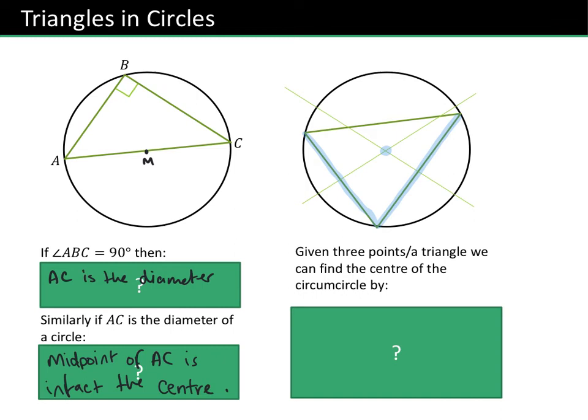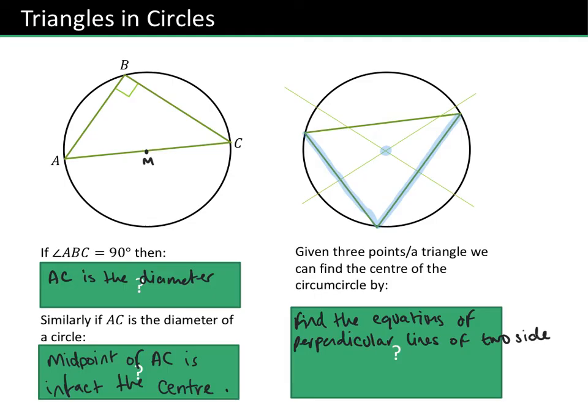Okay, so we need to find the equations of the perpendicular lines of two sides. You only need to do this for two sides. Okay?